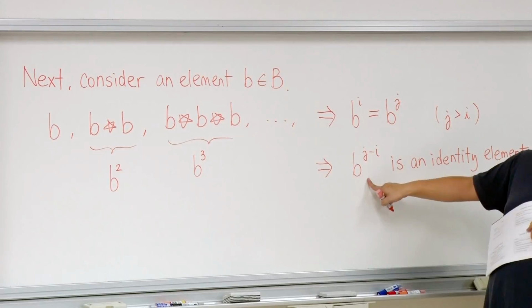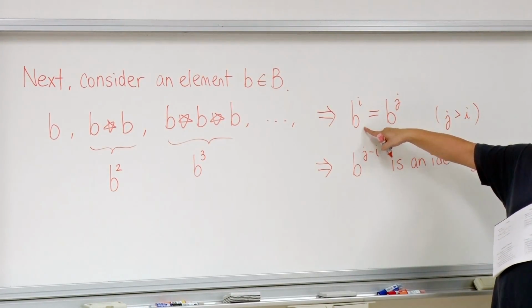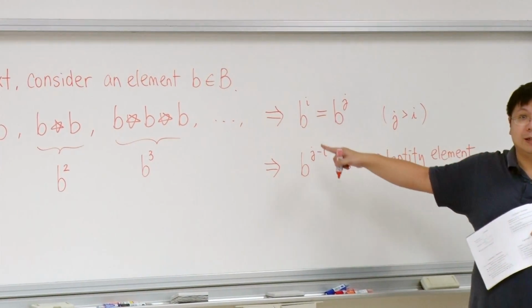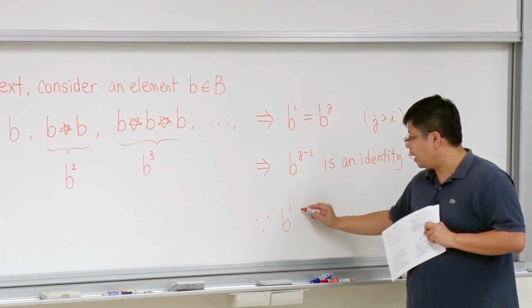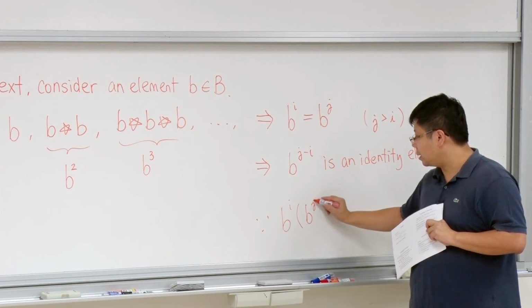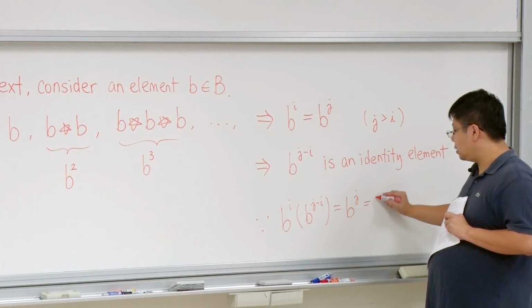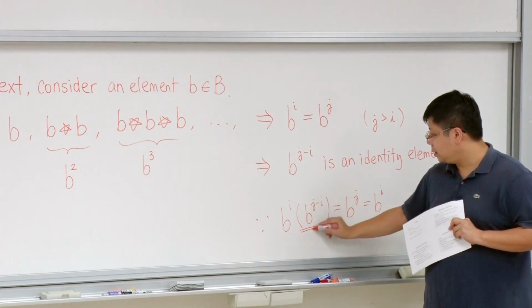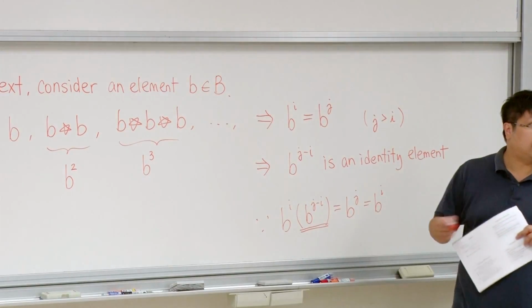It is because b to the power j minus i times b to the power i is equal to b to the power j, and then it is equal to b to the power i. Also b to the power i multiplied with b to the power j minus i is equal to b^j, which is equal to b^i itself. So there is some item that multiplies with b to the power i and you get back b to the power i.